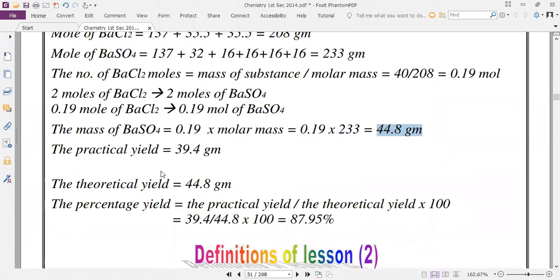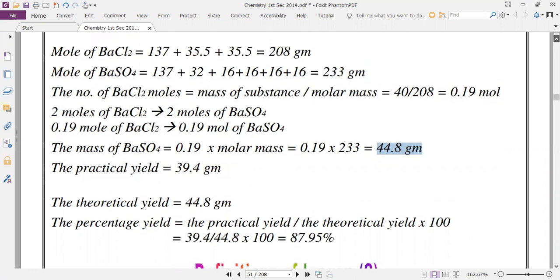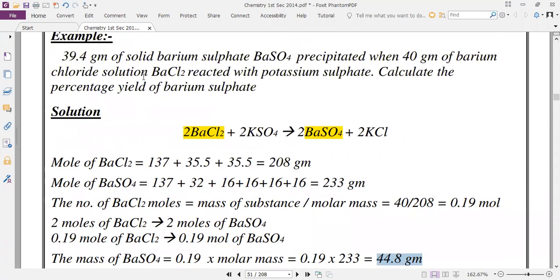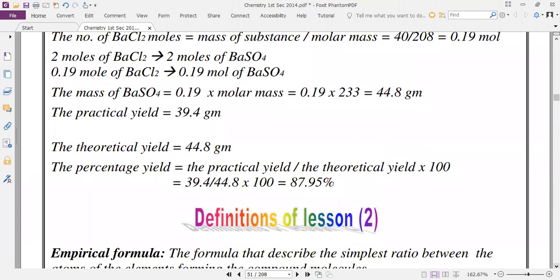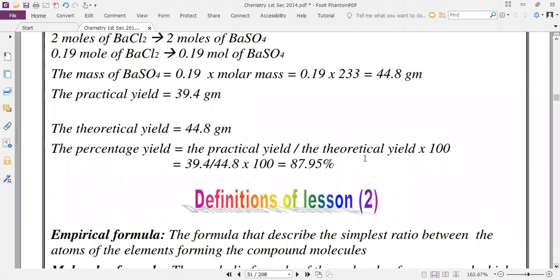What about the practical yield? It is 39.4 grams of solid barium sulfate precipitated, which is known.